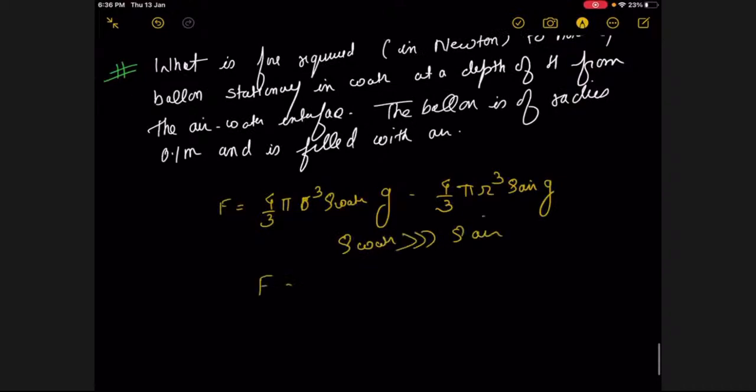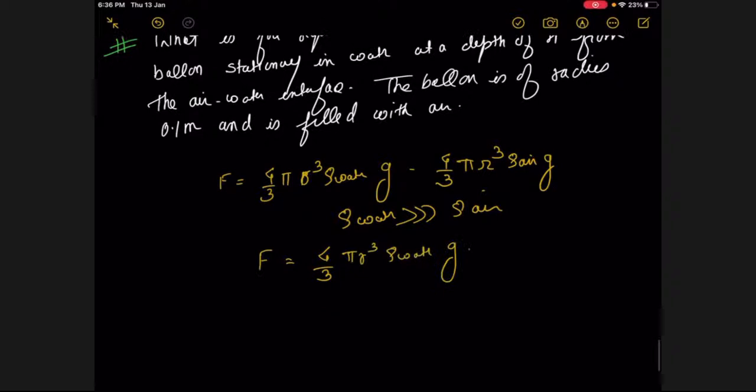So we can write force equals 4 by 3 pi r cube into density of water into G. R value is given. So from here, F equals 4 by 3 pi G. This is the thing.